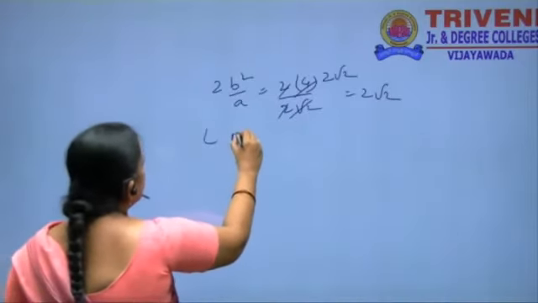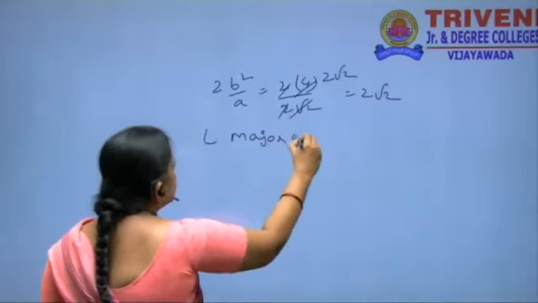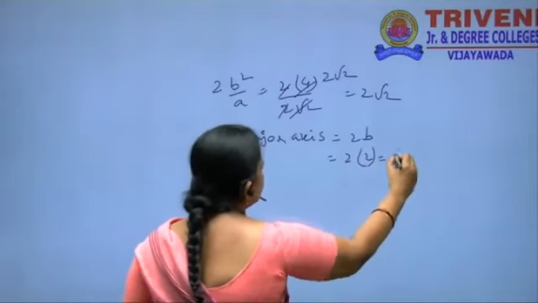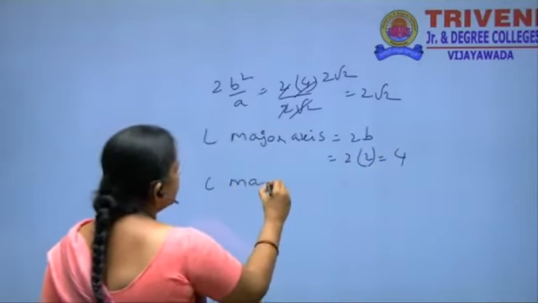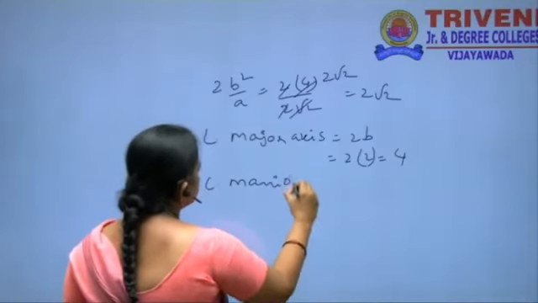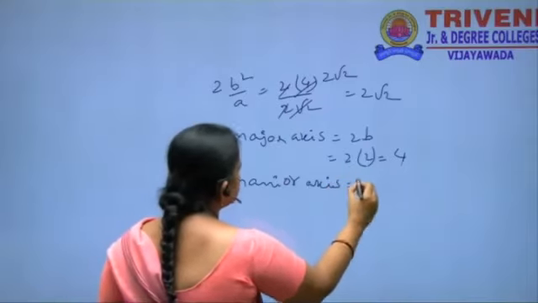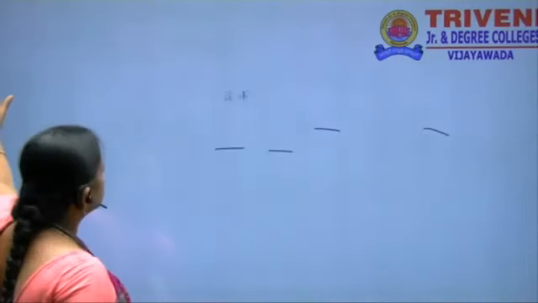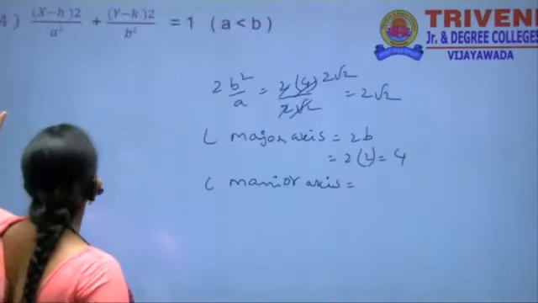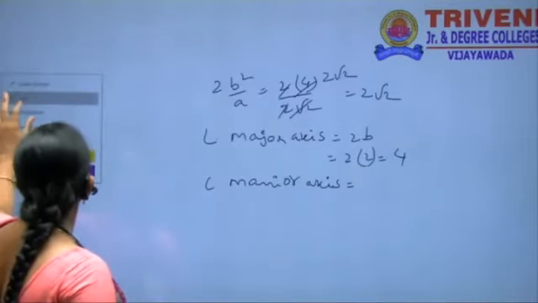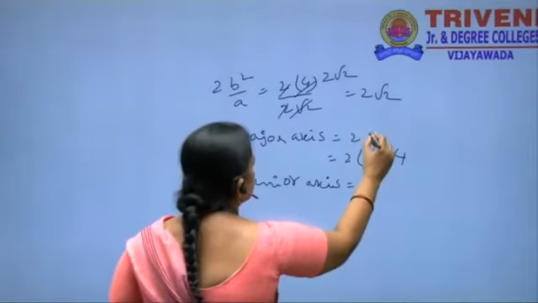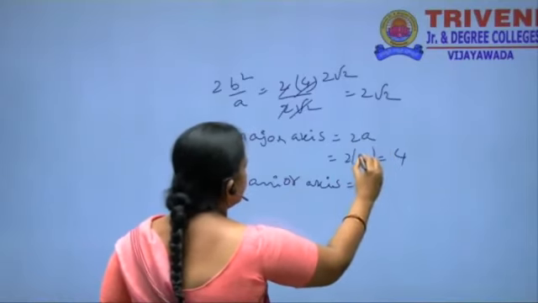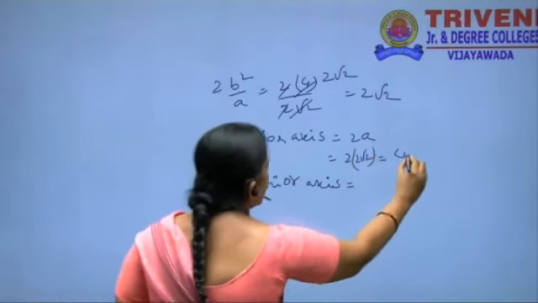The length of the major axis is 2a, that is equal to 2 into 2 root 2, it can be written as 4 root 2.